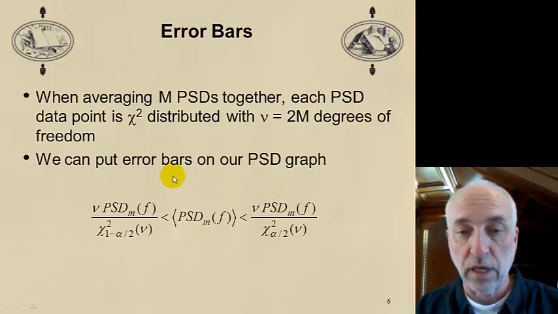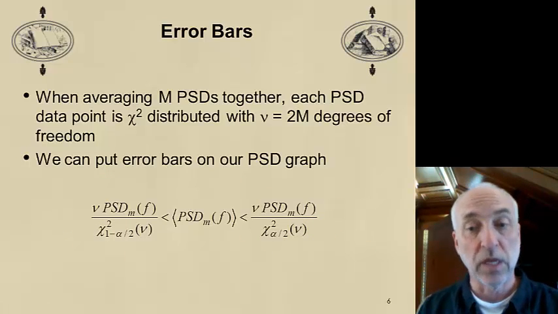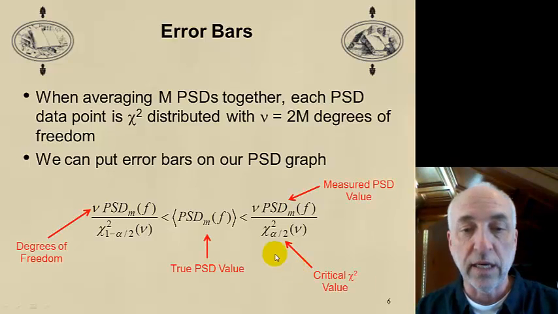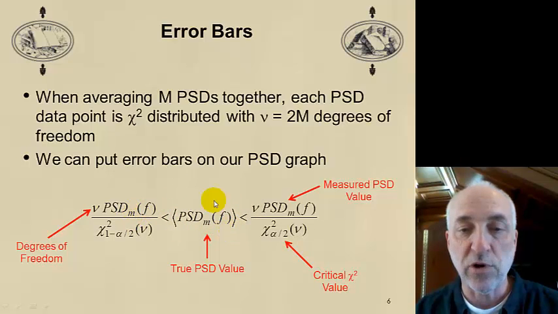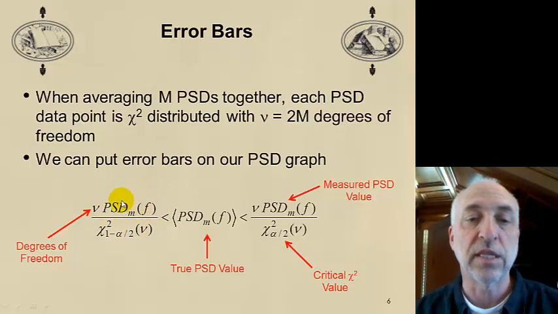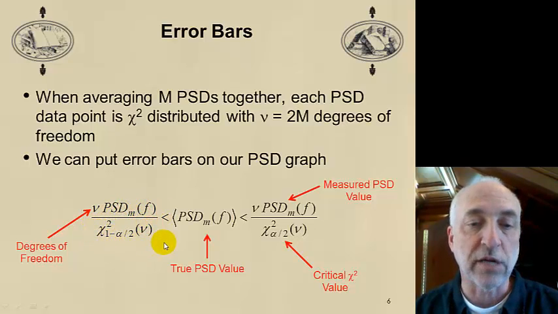The error bars will be best described by a confidence interval, a very standard statistics confidence interval, because we know the underlying distribution is chi-square. We say that the true PSD value, which we don't know, is somewhere in the range of these two numbers. These numbers are the degrees of freedom multiplied by the measurement value, the number I got from the average of all the PSDs, then divided by the critical value of chi-square.